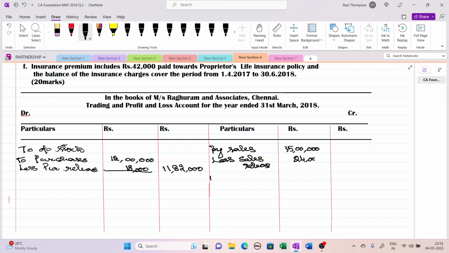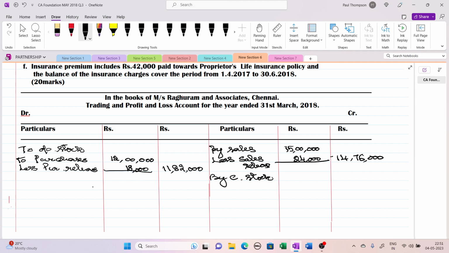So the net figure comes in the outer column 14 lakh 76,000. Okay, we need a closing stock. I just write here closing stock. When it comes, we will be writing it here.